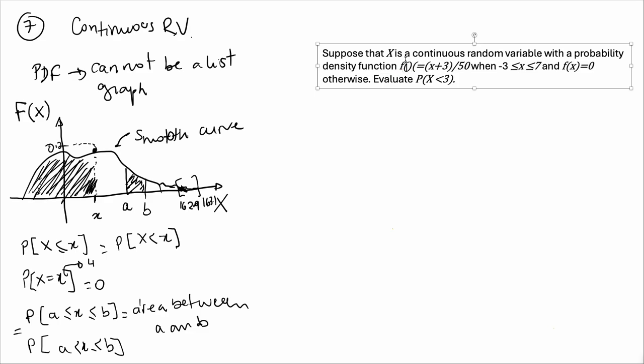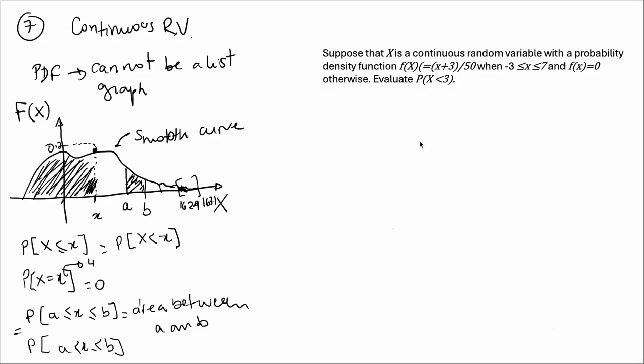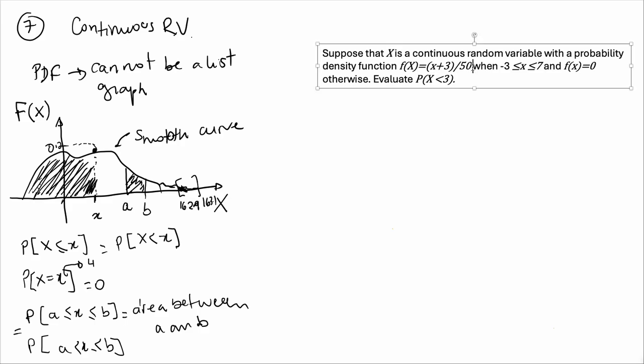Suppose that x is a continuous random variable with a probability density function f of x equal to (x + 3)/50 when x is between -3 and 7, and 0 otherwise, and evaluate a probability.